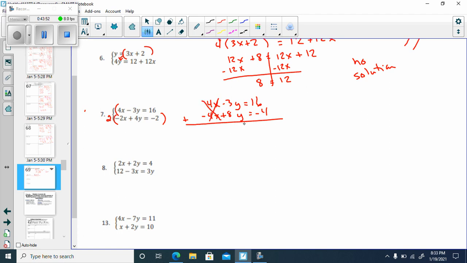Negative 3y plus 8y is 5y. 16 plus negative 4 is 12. Is that 5y? Did I miss one? 8y? Oh, that's it. Okay. So your y is going to be equal to 12/5. They do a lot of fractions in this, I will tell you that. And if you're going to find x, you just have to plug it in and go from there.